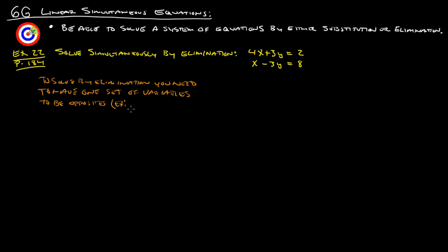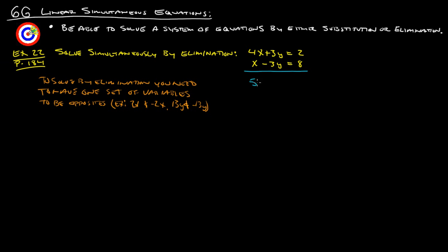Right? So for example, 2x and negative 2x, 13y and negative 13y. Those would be opposites. That's what you need to have. So again, this works out really kind of nice because look, these are already opposites. So all you have to do on this is just add these lines together.